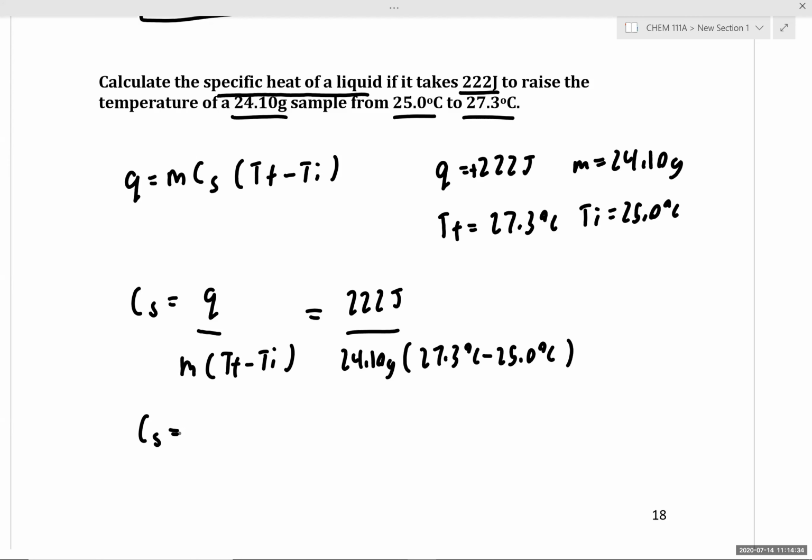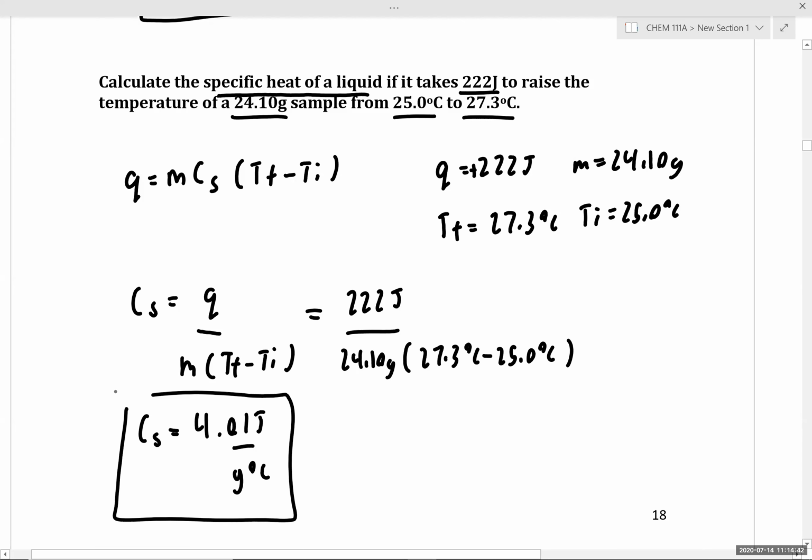And that gives us a specific heat of 4.01 joules per gram degree Celsius. Does this make sense to everyone? Does this response make sense? Is everyone comfortable utilizing this equation? Perfect.